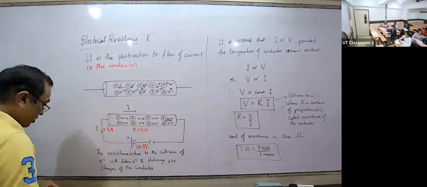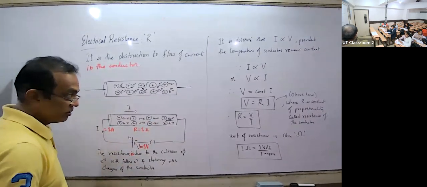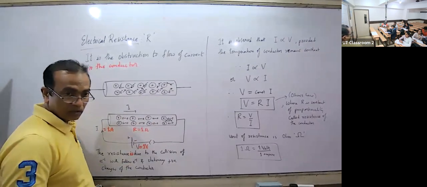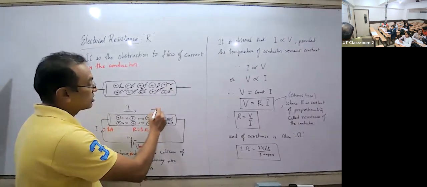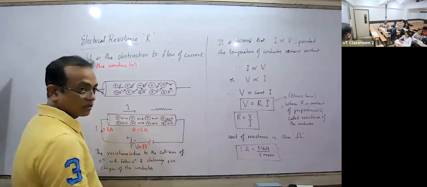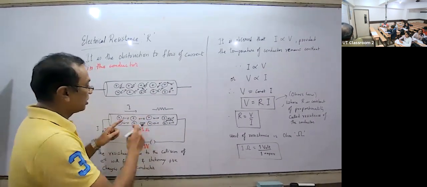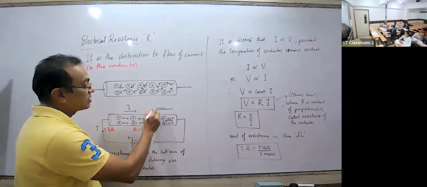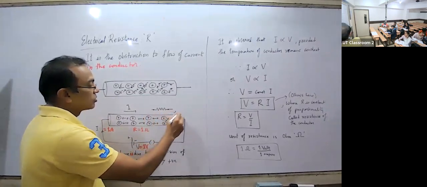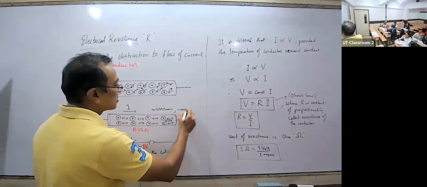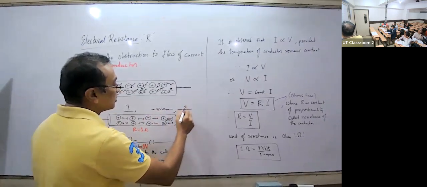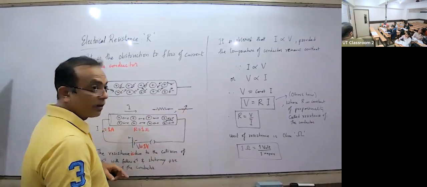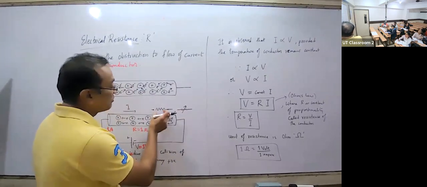Then we will say that R is equal to... Okay. So what was the symbol of resistance? Anybody remembers? What was the symbol of resistance? ठीक है? इसका यूनिट है. तो हर बार हम ऐसा कंडक्टर नहीं बनाएंगे. In the circuit, we will make this diagram. What is the difference between this resistance and this? This is a fixed resistance.